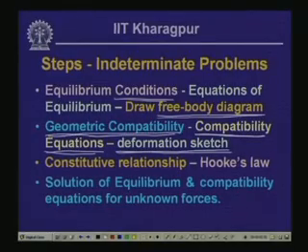As we have seen through several examples, though the deformation is small, when we draw the exaggerated view of the deformation it becomes clearer how the system is deforming, and it becomes easier to write down the conditions, which we call the compatibility condition, and which leads to the compatibility equation.